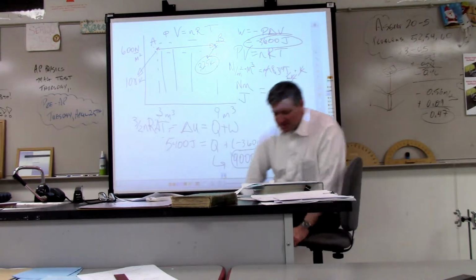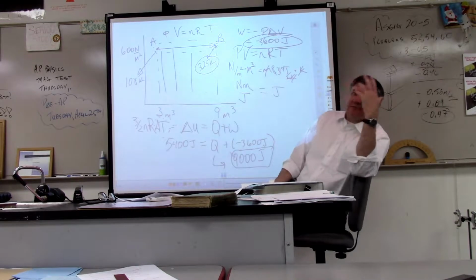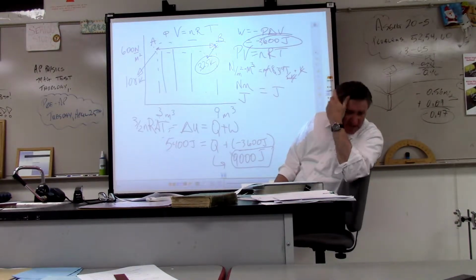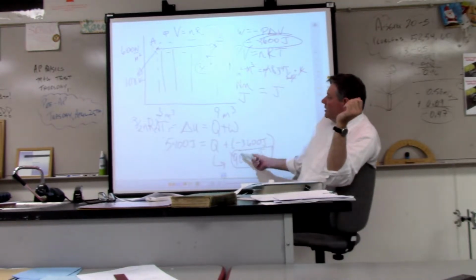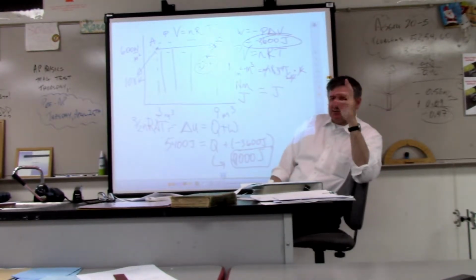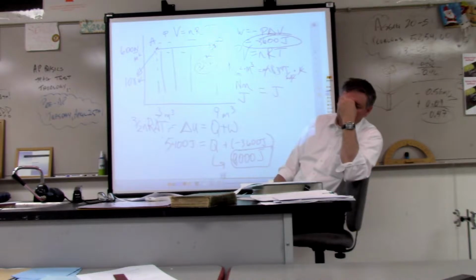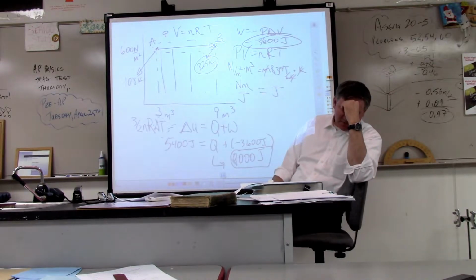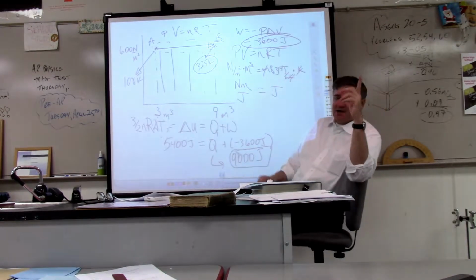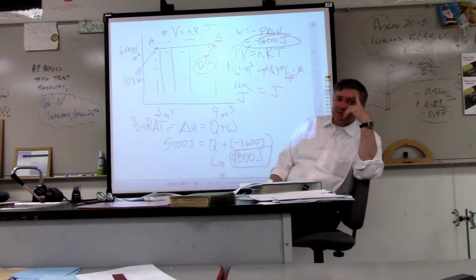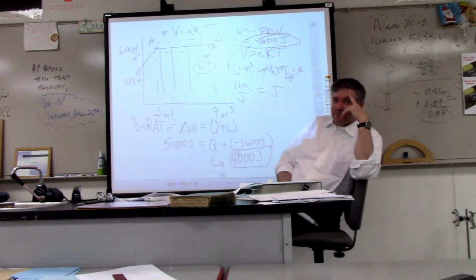All right. So here's the ramifications of this, and this is how this deal actually plays out. Let's say that you dump 9,000 joules. Let's play what if. And that's the whole key of understanding thermodynamics, is playing the what if game. What if I dump 9,000 joules of energy into the system, but I don't allow the volume to change?